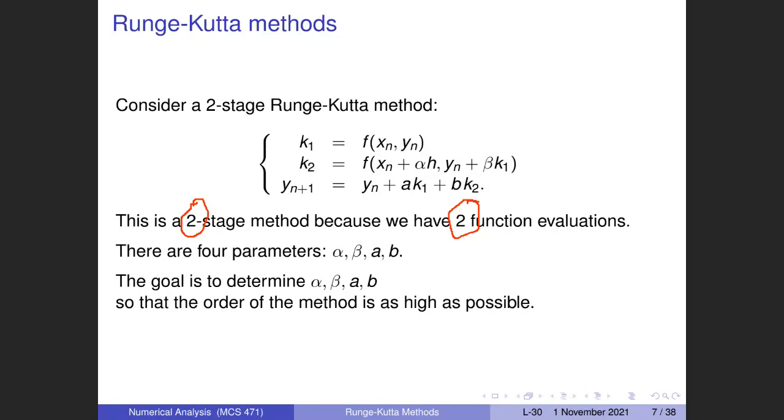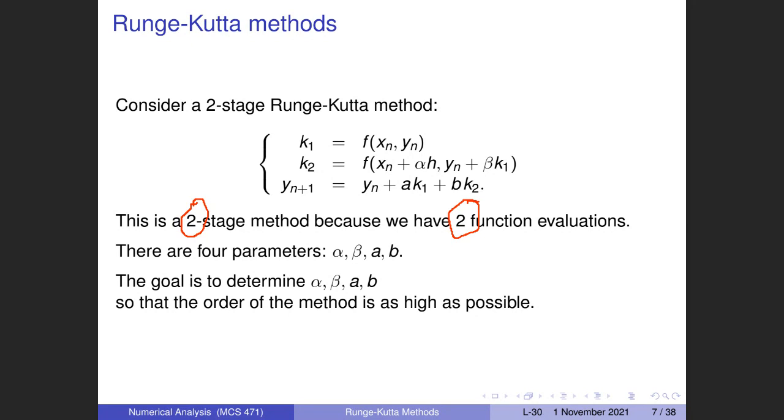It's an entire family, depending on two parameters. The alpha and the beta determine where we are going to evaluate the function for the second time, and the A and the B determine the coefficients in the combination of the two function evaluations.